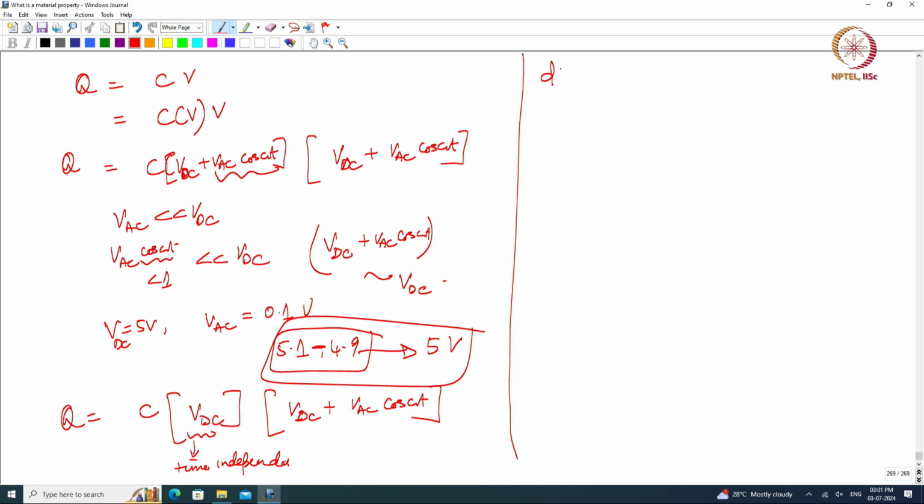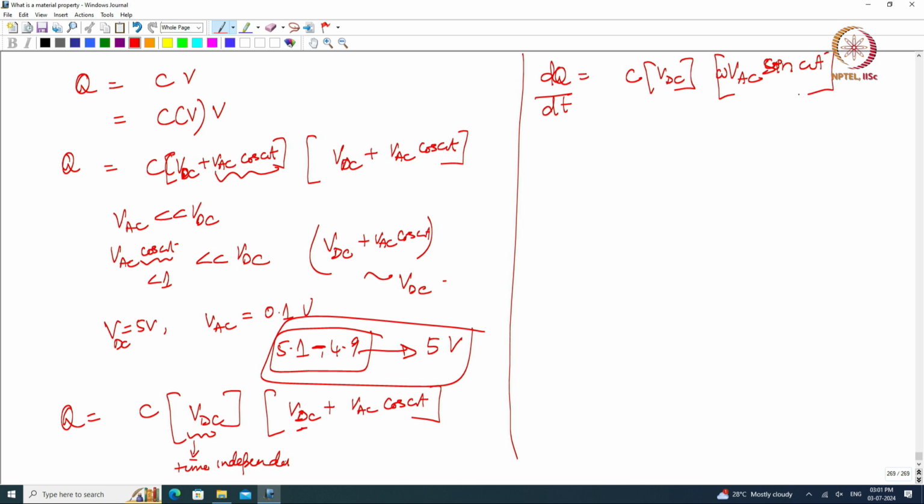Now, if I do dq, what is dq? dq by dt is the current that I am going to measure. It is just C of VDC, which is not going to change, times the derivative of VAC cos omega t with respect to time, which is minus VAC omega sin omega t.